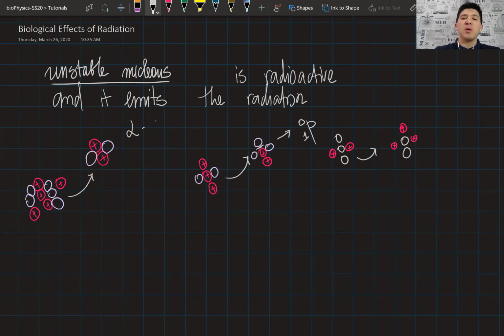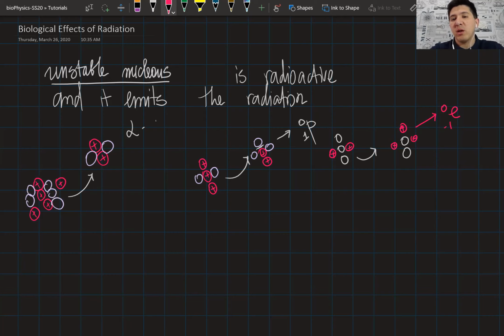It is also possible that if the nucleus has too many neutrons, then some of its neutrons spontaneously become protons. In this case, the nucleus is going to emit an electron with charge -1 and mass 0.